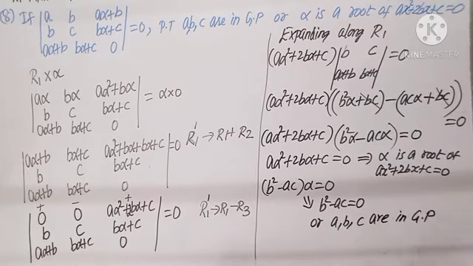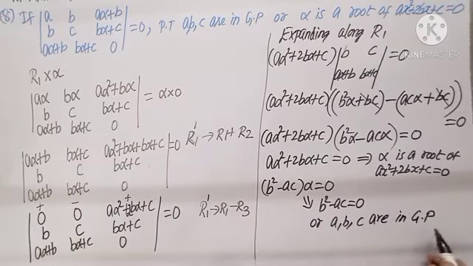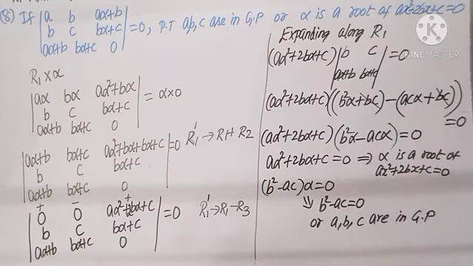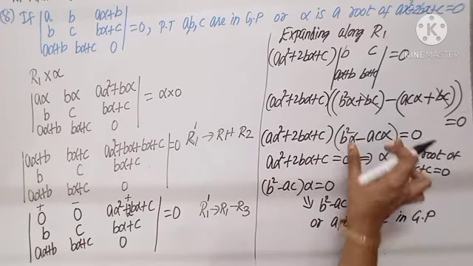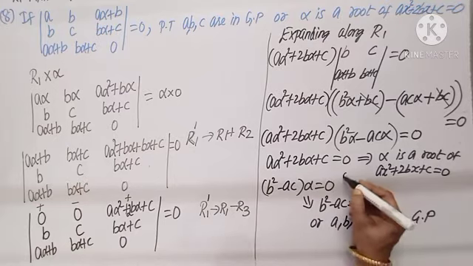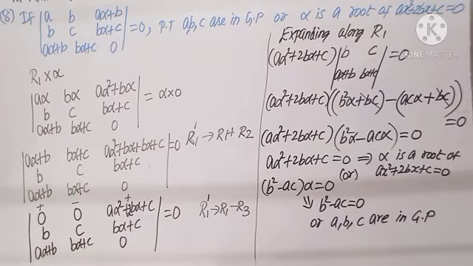Let us remember, if a, b, c are in GP, b² equals ac or b² − ac is 0. So the two brackets, the RHS 0 tells me to put each bracket separately 0. Either the first bracket 0 or the second bracket 0.